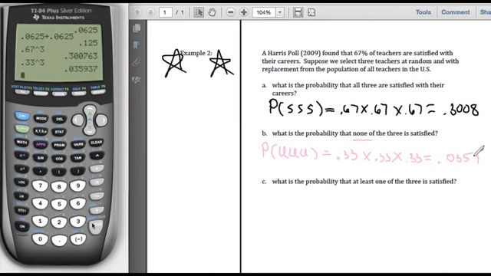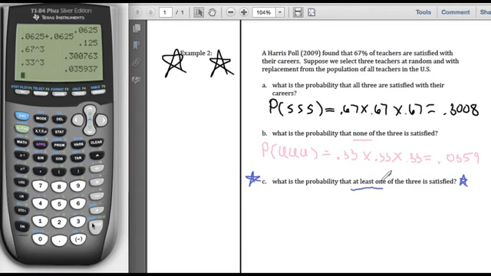And the final question, this one's a little bit tricky. Definitely study up on this one. What is the probability that at least one of the three is satisfied? Well, at least one means one or more.